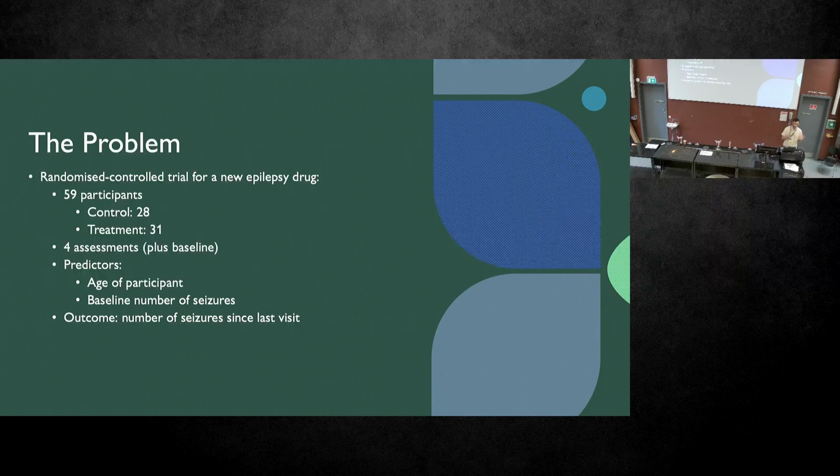It's a smaller sample, which is quite common for a lot of these trials, with repeated measurements, and also two covariates to consider: the age of the participant, and the number of seizures the person was having before they started taking the drug. What we want to apply a Bayesian model to estimate is: is there a difference between our treatment and control groups? Is there a reduction in the number of seizures between our treatment and control groups?